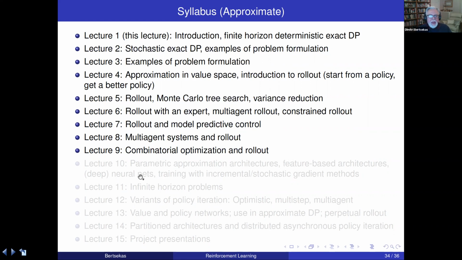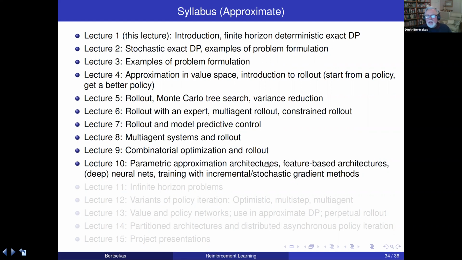So this will take us to lecture 9, which is quite a bit of time for going forward. And then we're going to talk about parametric approximation architectures, value and policy networks, including neural networks and their training methods. And we're going to connect this material with the preceding material. All of this up to lecture 10 is going to be, for the most part, finite horizon problems.